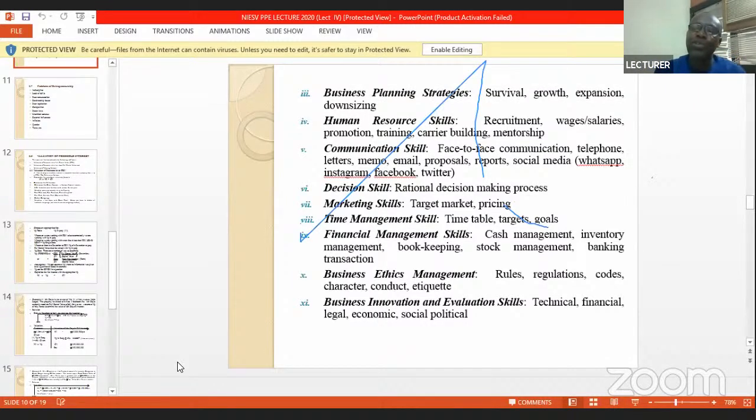It helps you to read the body language. Probably with this Zoom, people can read the body language of the lecturer. When you are standing face to face with somebody, the person may be saying one thing, but the body language is saying a different thing.